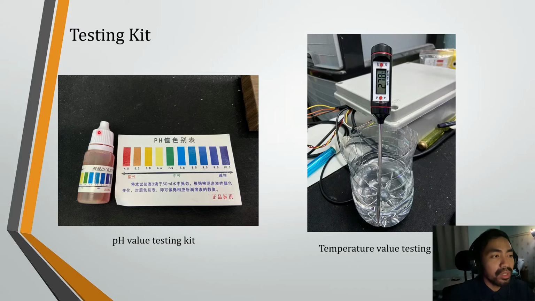Then add about 3 drops of this solution, and we will get the result. After we add the solution, the color will turn into another color to match the color on this card. For the temperature testing kit, we only push the button to get the temperature reading.